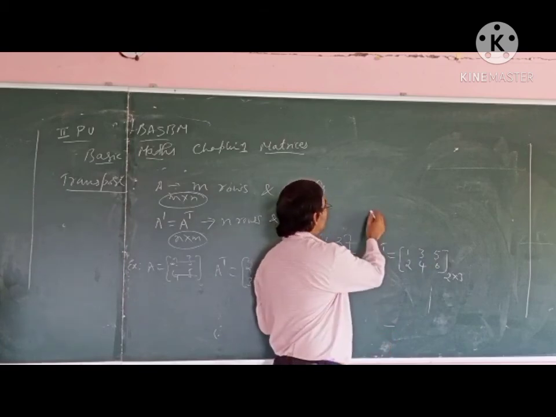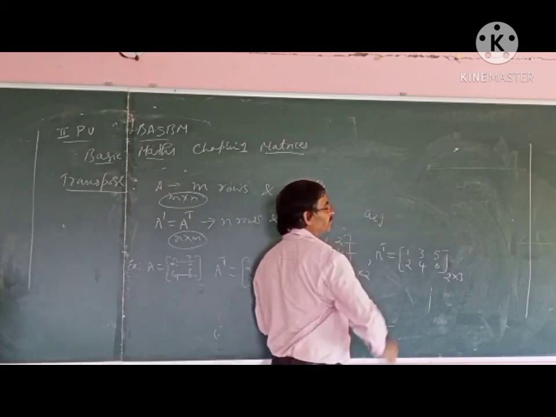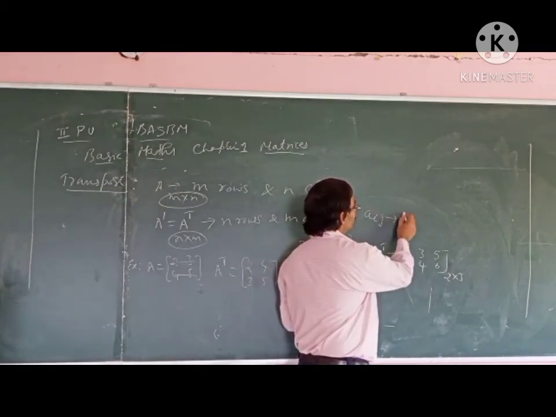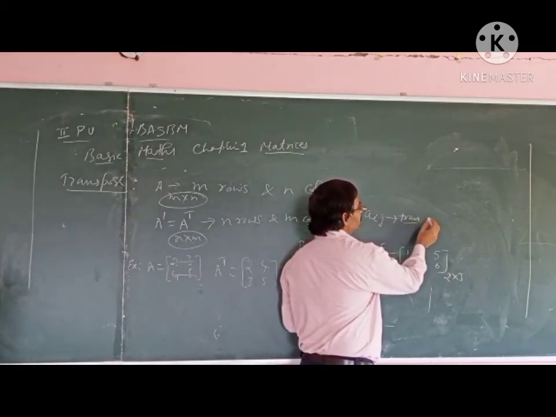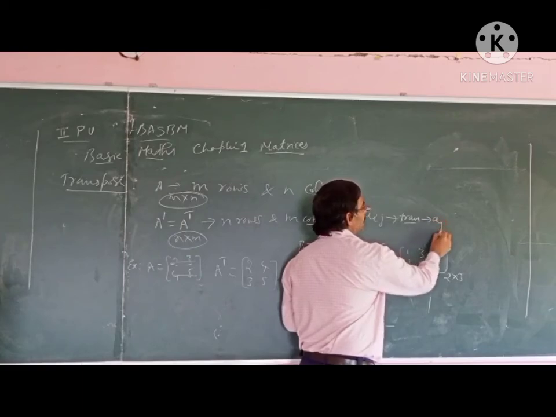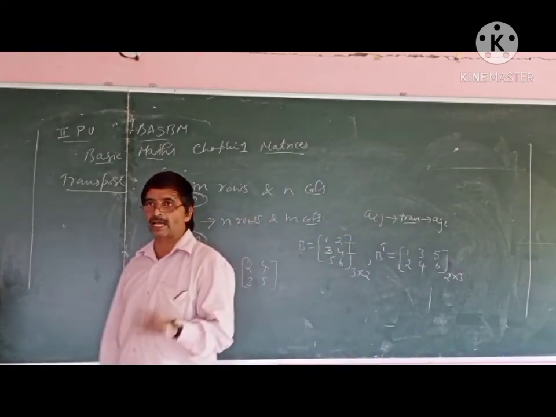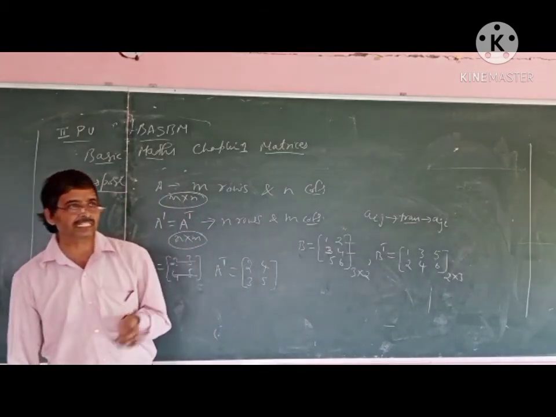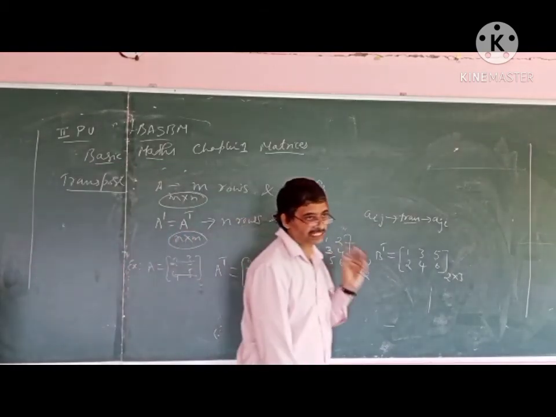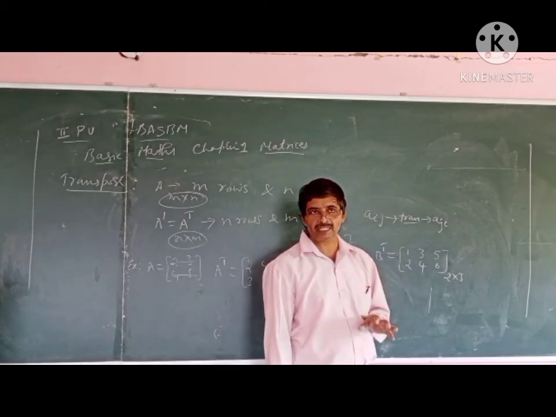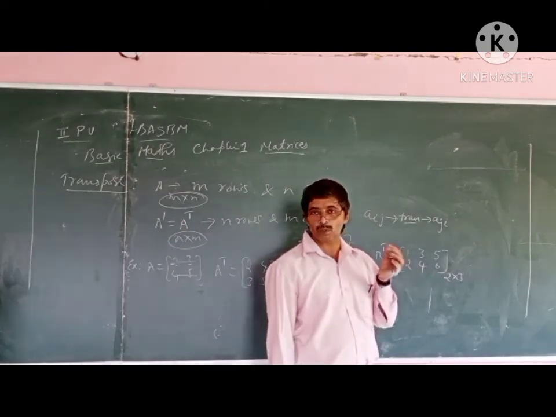So what I am saying is, generally Aij, if you transpose it, will become Aji in the new matrix, that is, the transposed matrix.